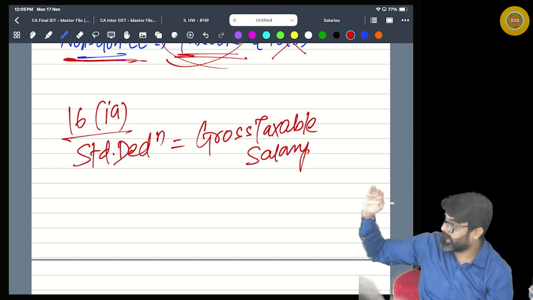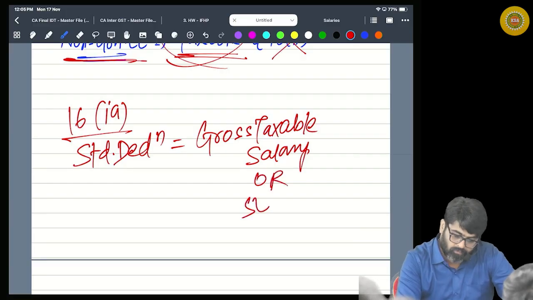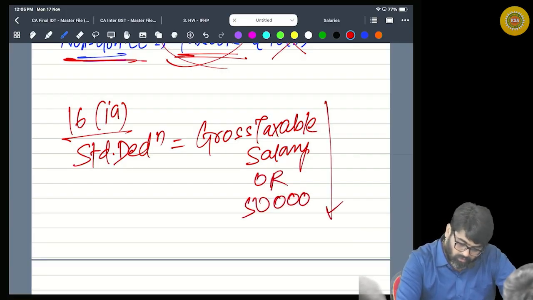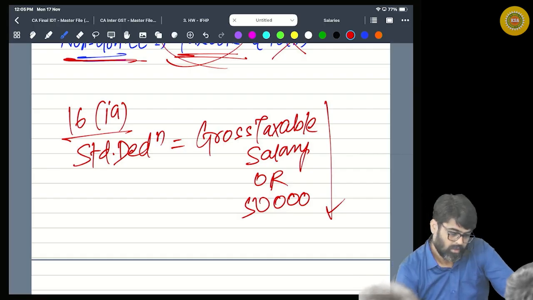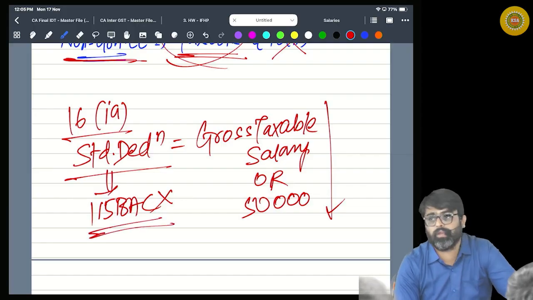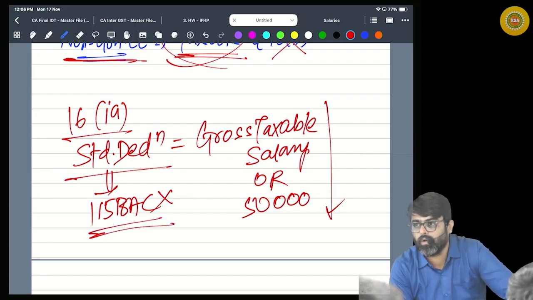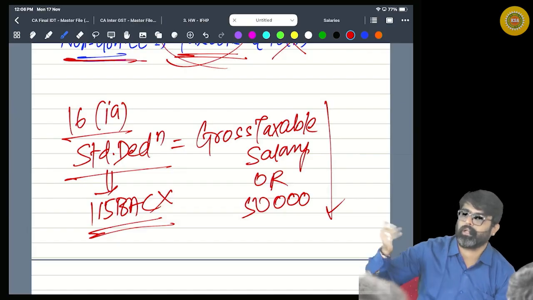So the standard deduction will be equal to the gross taxable salary or 50,000, whichever is lower. If you don't follow 115BAC, then the standard deduction will be 50,000 or the amount of gross taxable salary.